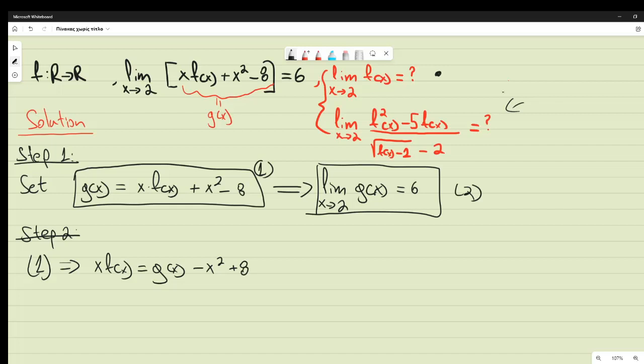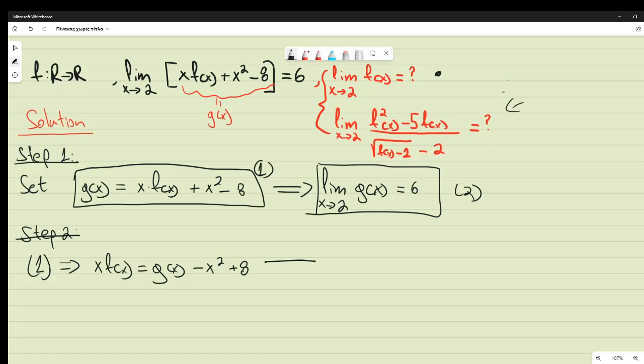We will meet a little problem here because we don't know if x is not equal to 0, so that we can divide by x to leave the function f alone here.